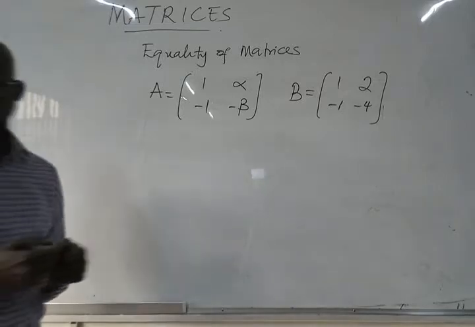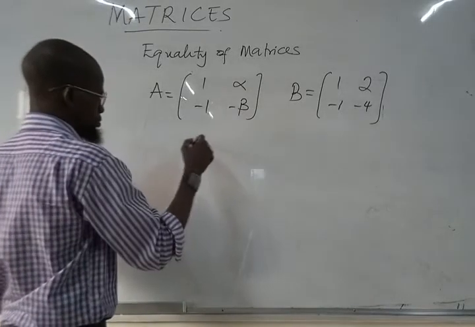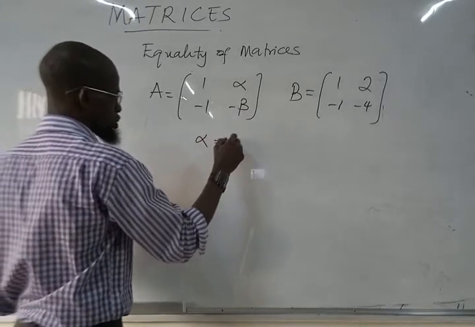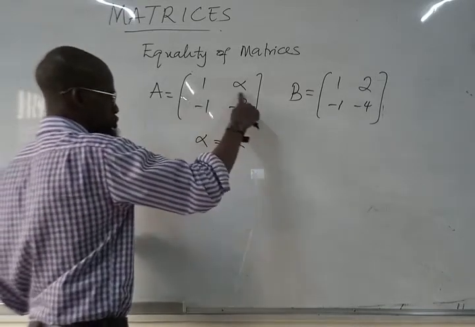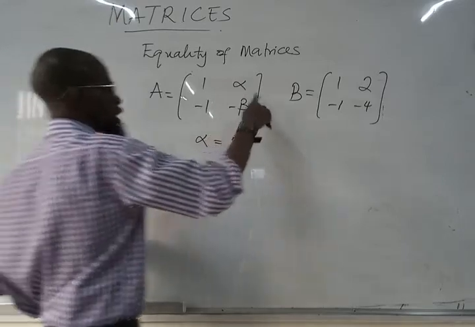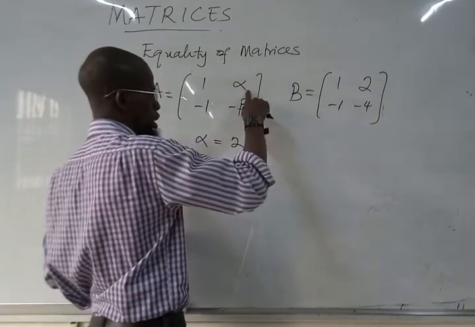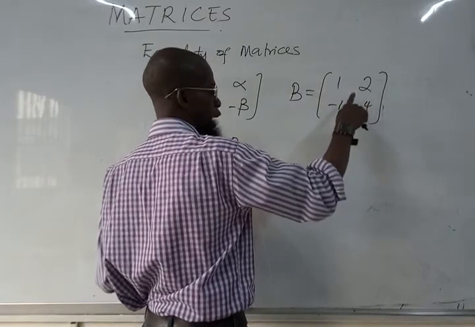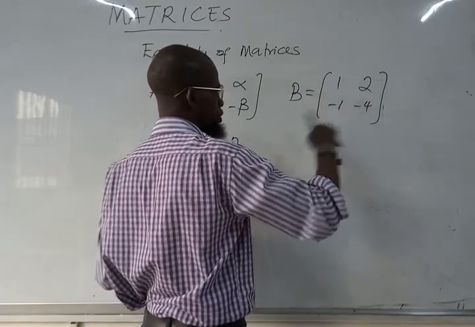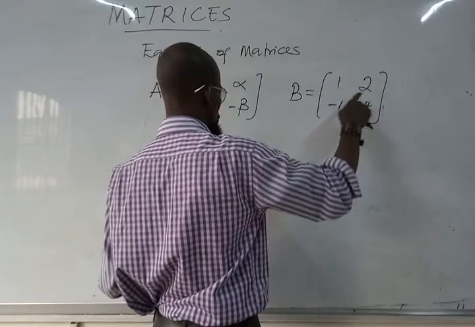Supposing we agree that the two matrices are equal, then we can conclude that alpha is equal to 2, because alpha is in the first row and second column, and the value in the same position in matrix B is 2.